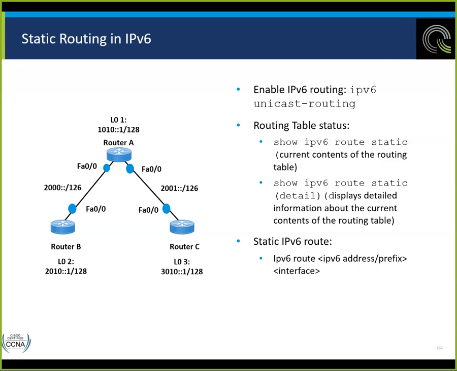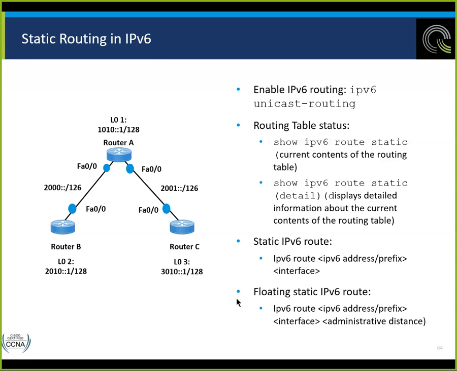We use CIDR notation in the configuration of all of the devices for the IPv6 information, so you don't have to write the subnet mask. I think all of IPv6 uses the prefix, the /, in order to specify the length of the network address instead of the subnet mask.